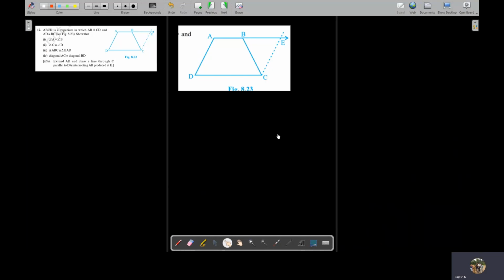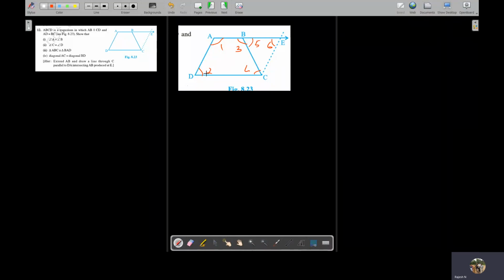Here ABCD is a trapezium in which AB is parallel to CD and AD is equal to BC. You have to show that angle A is equal to angle B. So you know AB is parallel to CD.